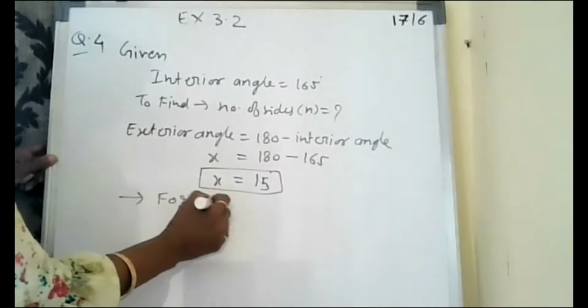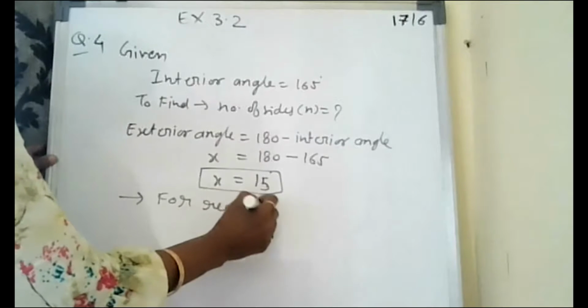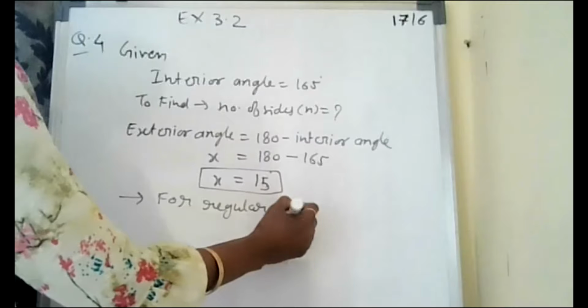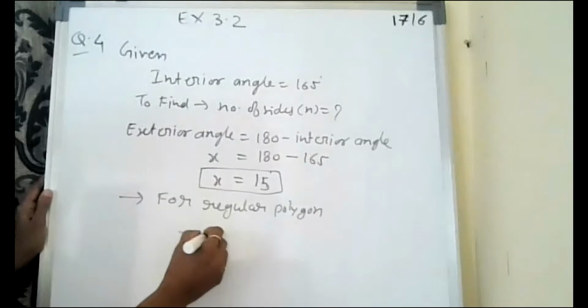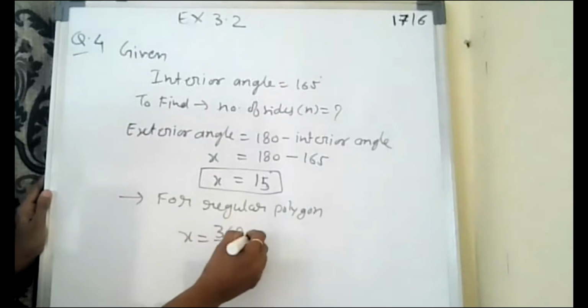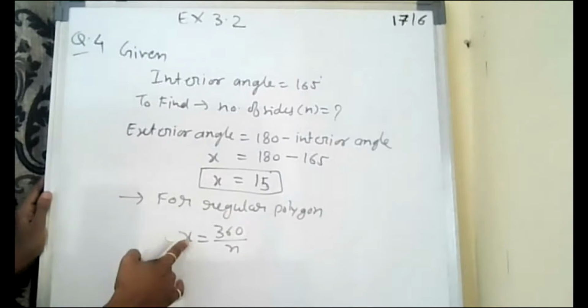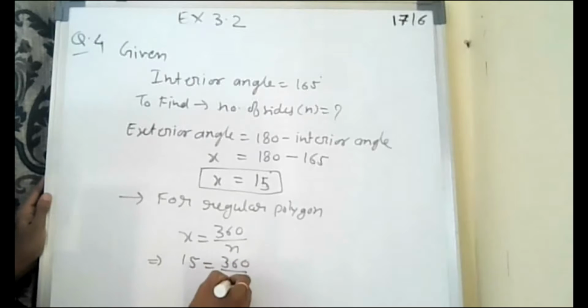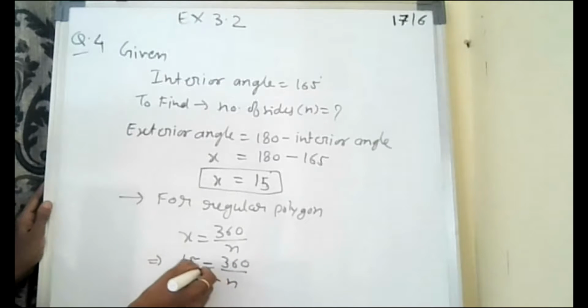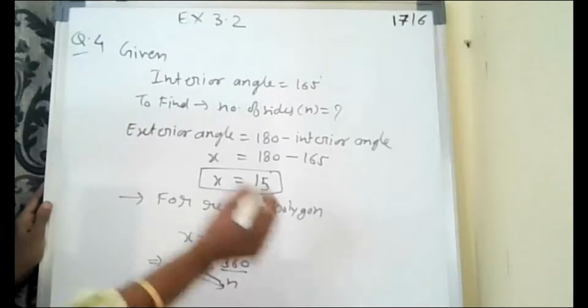Because the polygon is given regular in the question, we can use this formula. For regular polygon, x is equal to 360 divided by n. Now x is equal to 15, so we can put the value. 15 is equal to 360 divided by n. Now we interchange n to this side and 15 to this side.